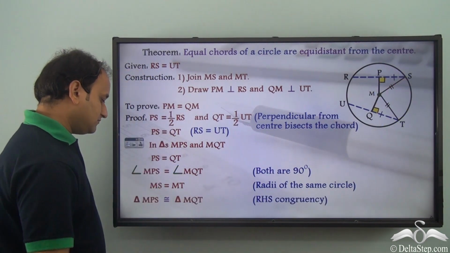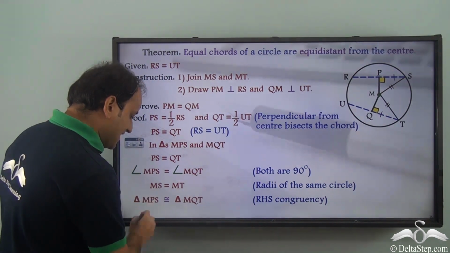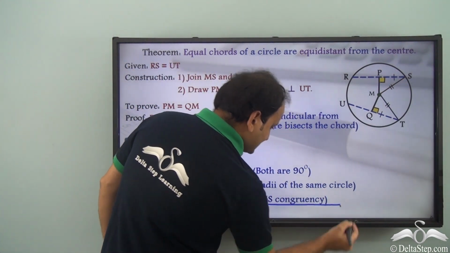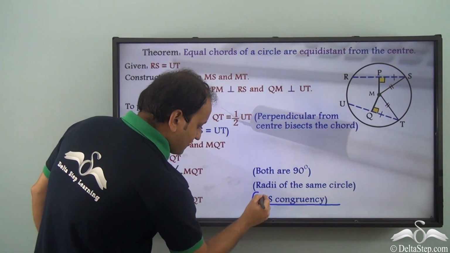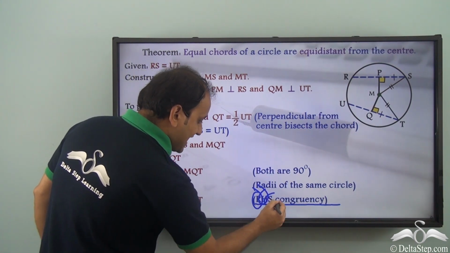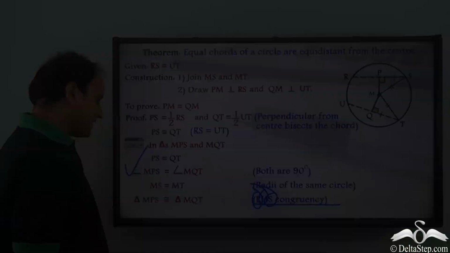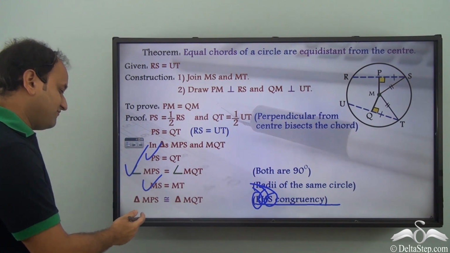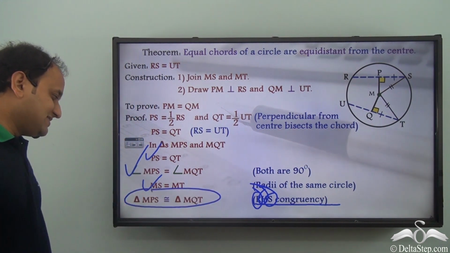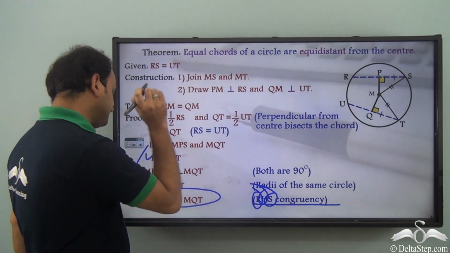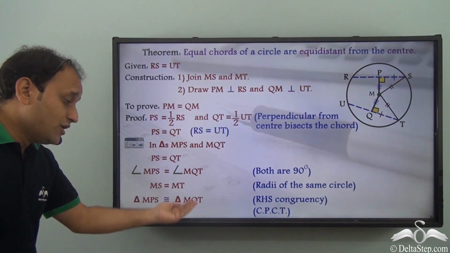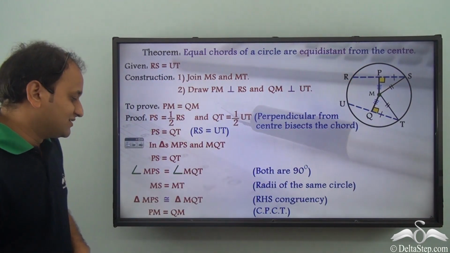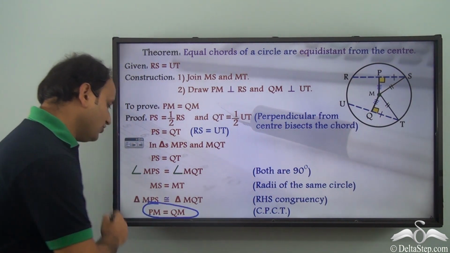So we can say that triangle MPS is congruent to triangle MQT by RHS congruency, that is right angle, hypotenuse and side. So from this we have this congruency. From this we can infer that PM is equal to QM, because they are corresponding parts of congruent triangles. So PM is equal to QM.